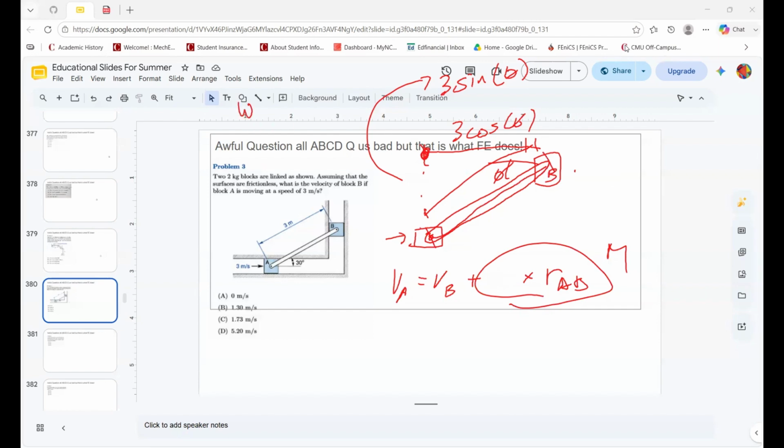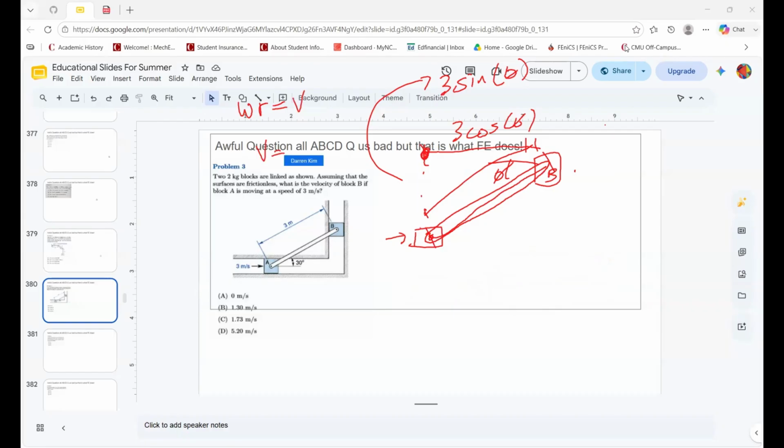The better way to do it is omega R equals V, because this is one body, one linkage. So this must be true, and then V equals omega R. We already have velocity, so omega equals V over R.